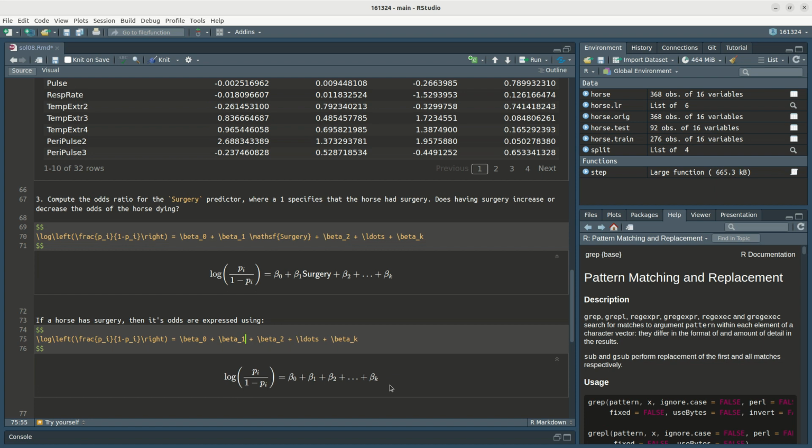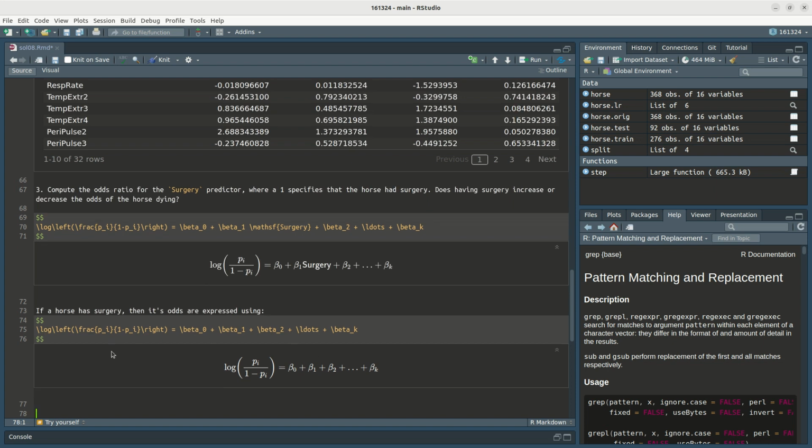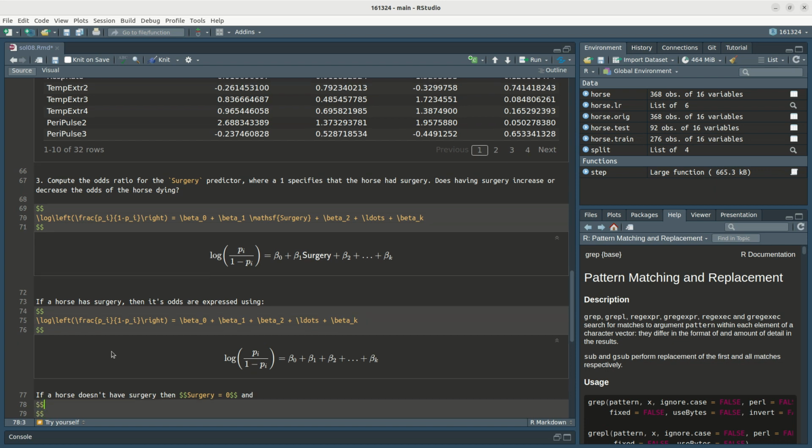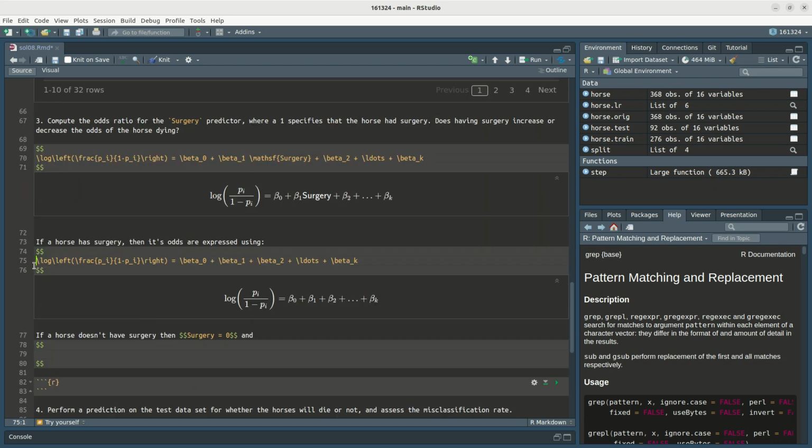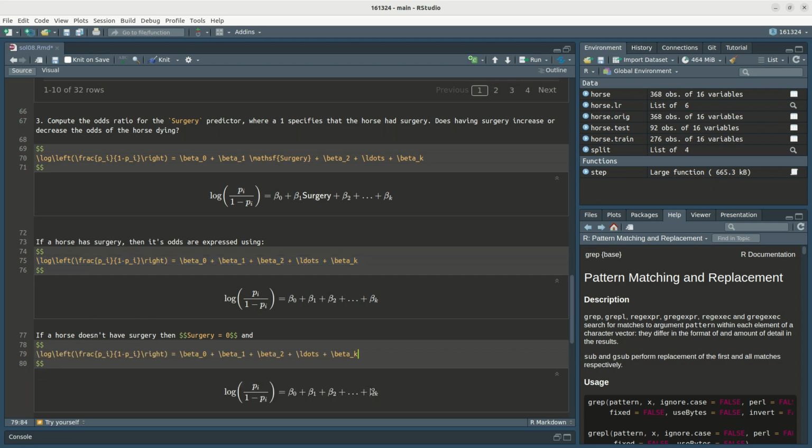And so the log odds is given by that formula there. If a horse doesn't have surgery, then surgery equals 0, and this term here is now going to be 0, so we lose the beta 1.